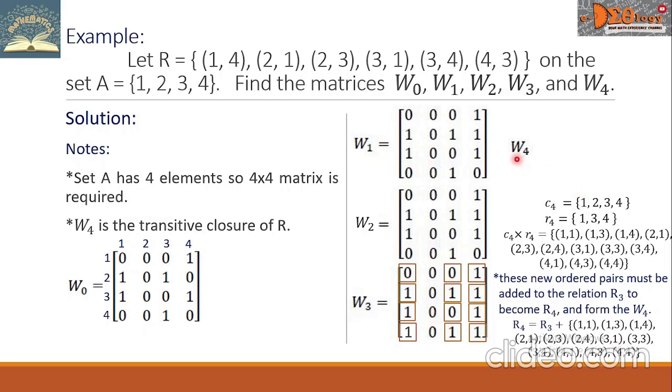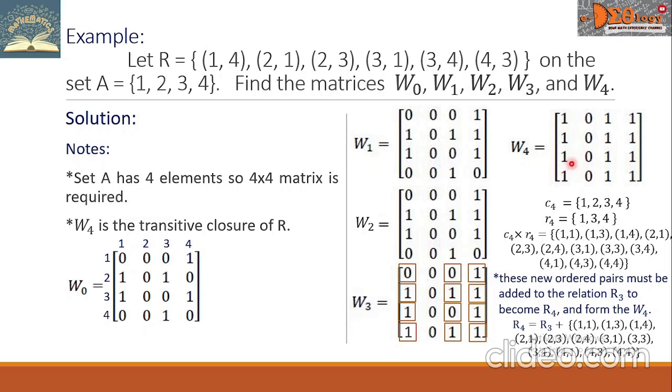So when we write the W sub 4, we're going to copy the elements of matrix W sub 3, except that those identified seats with zeros we will change to 1. W sub 4 becomes like this. Look at the first row. We have now 1, 0, 1, 1. Second row, 1, 0, 1, 1.